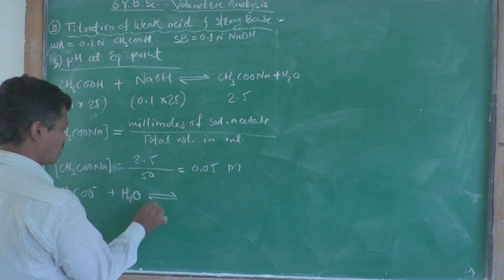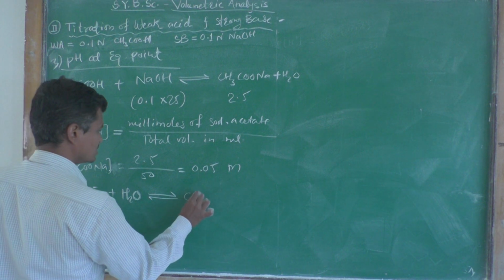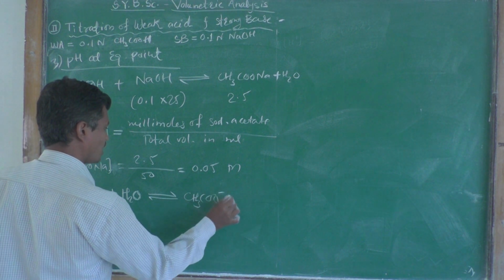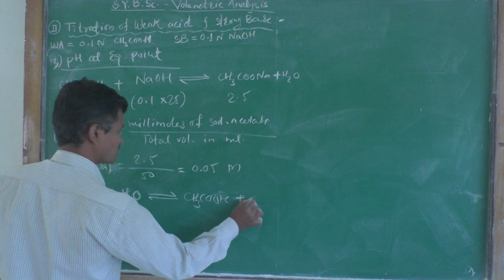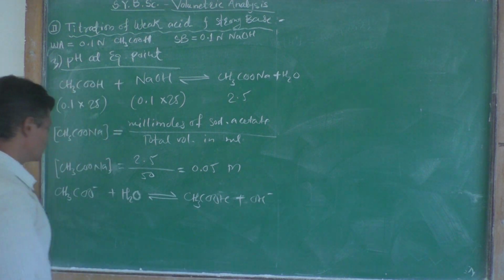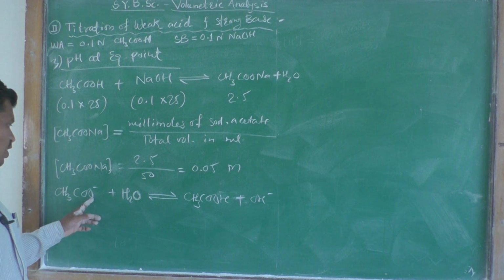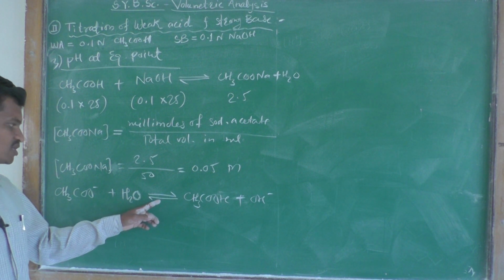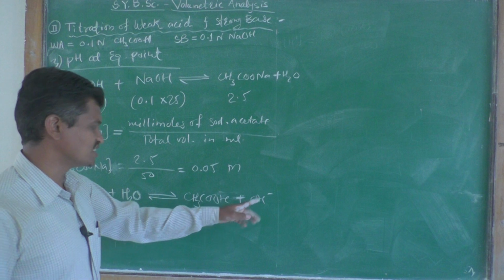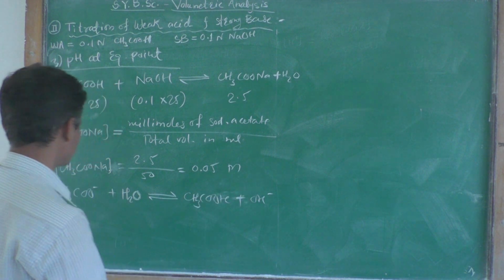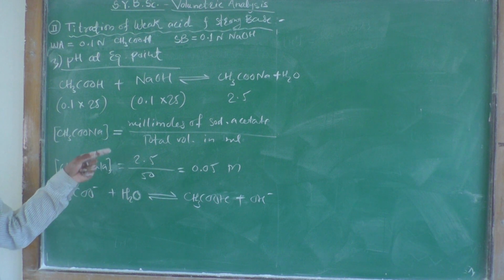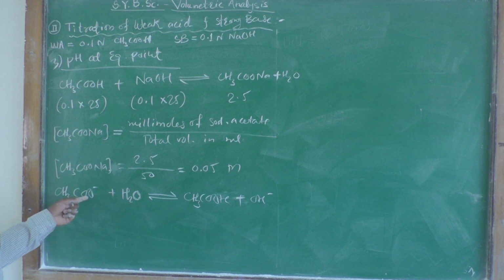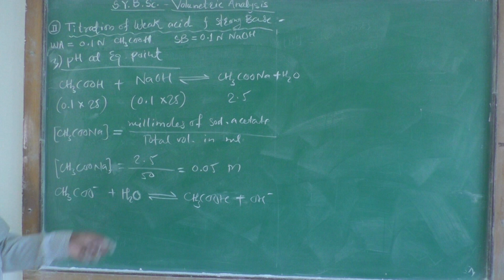On hydrolysis it will form CH3COOH plus OH minus. You may also write CH3COONa plus H2O giving CH3COOH plus NaOH. You can write it in both ways. So this is the hydrolysis reaction of sodium acetate.